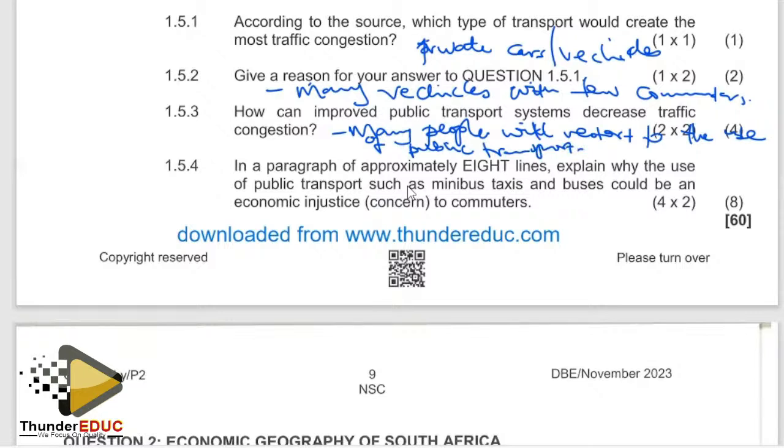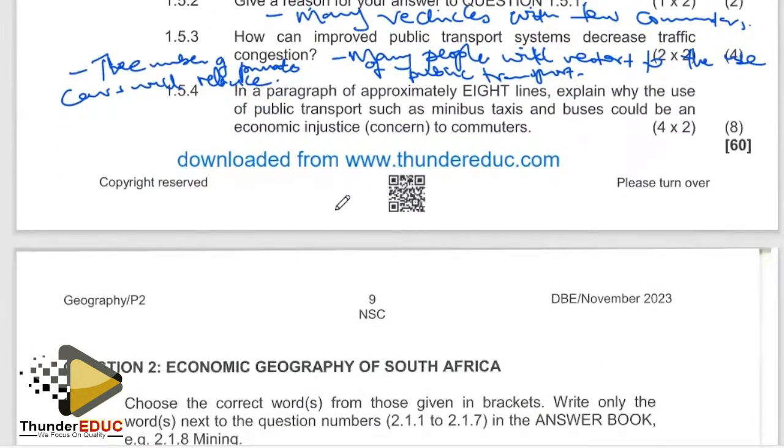That is, if it is improved, it will decrease traffic congestion, because now very many people are going to be using the public transport, and if they're using the public transport, it will reduce the number of vehicles. And we shall also see that the number of private cars will reduce. They will reduce for what reason? Because of the fact that the number of vehicles has also reduced.